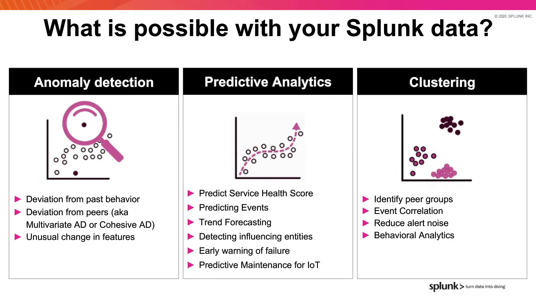Second, predictive analytics, to include things like forecasting and predicting events, or spikes in behavior, or possibly early warnings of failure in the context of predictive maintenance. And third, data clustering, to correlate events or reduce the noise of alerts by grouping them together. Our demo today will cover both outlier detection and forecasting.